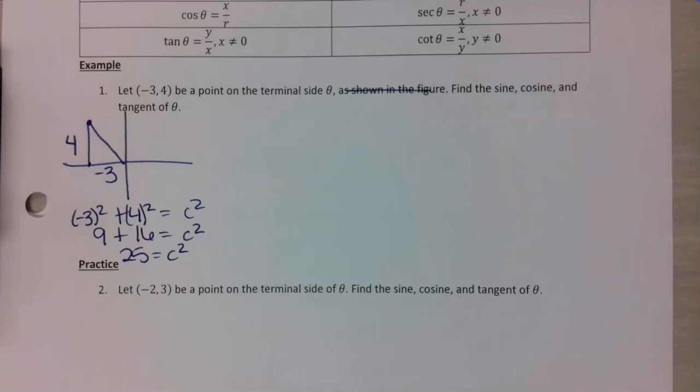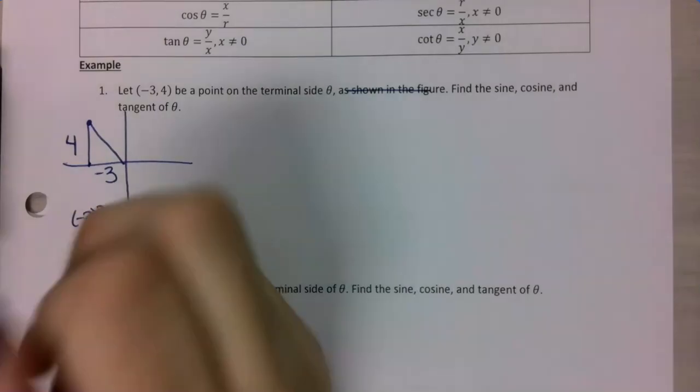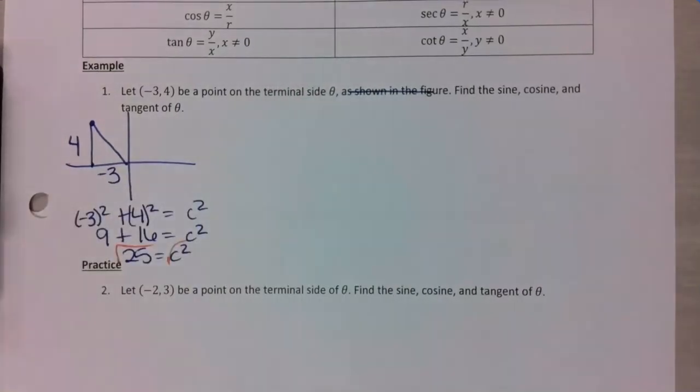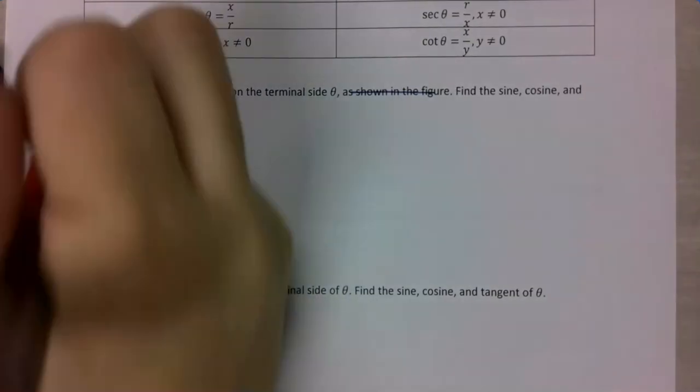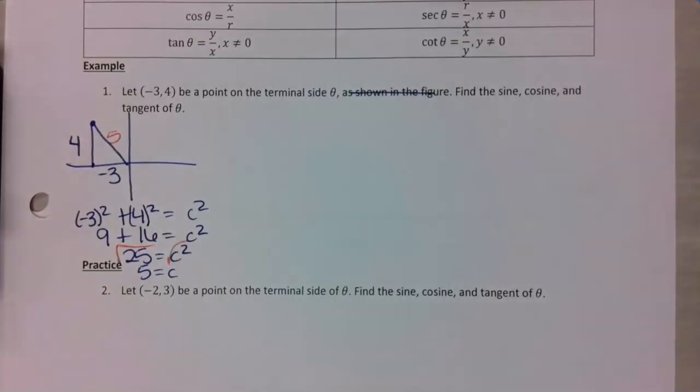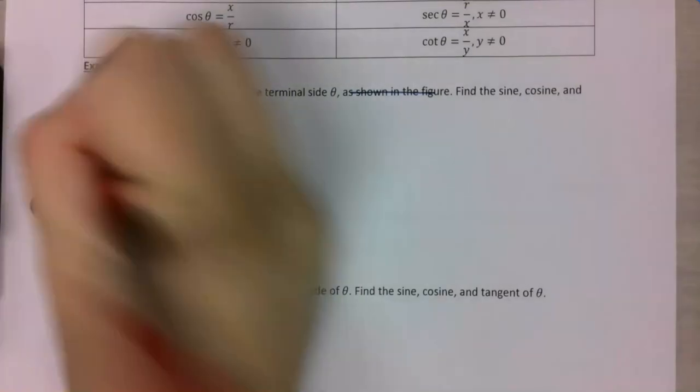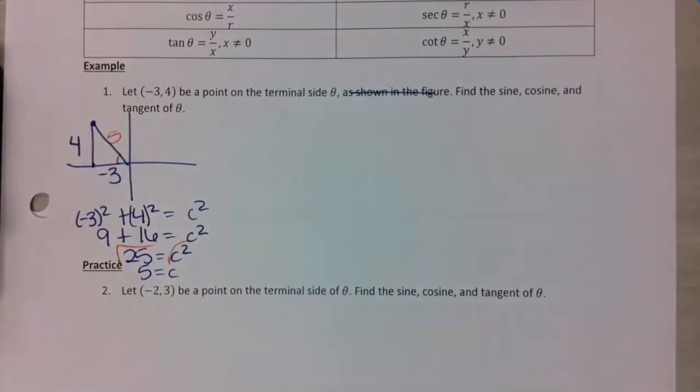Okay, and then I want to take the square root of both sides. 5. So my reference angle is right here, because you always connect to the x-axis on these.